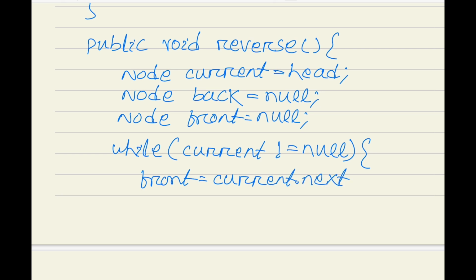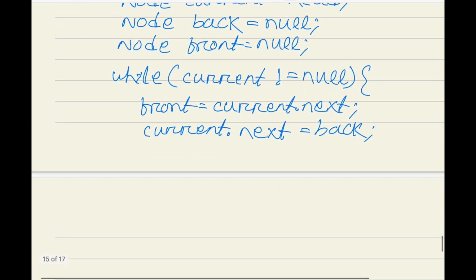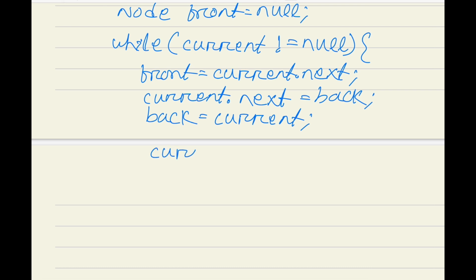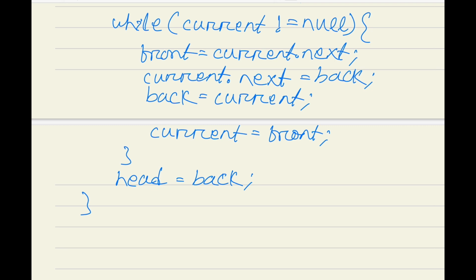So these steps we have already discussed. Then current dot next equal to back, then we can write back equal to current, and current equal to front. Okay, so now this is end of the loop. Now we can update the value of head. So head equal to back, then end of the method reverse.